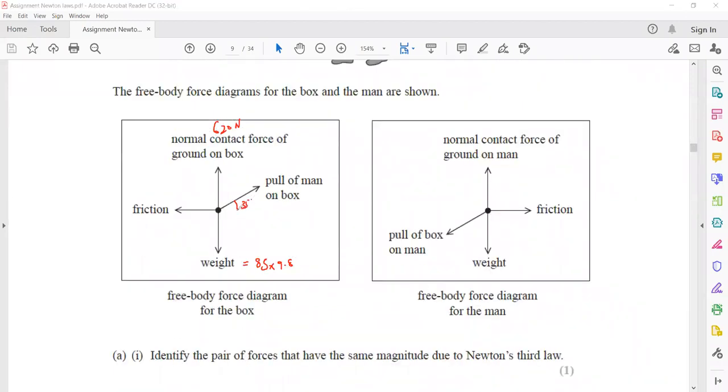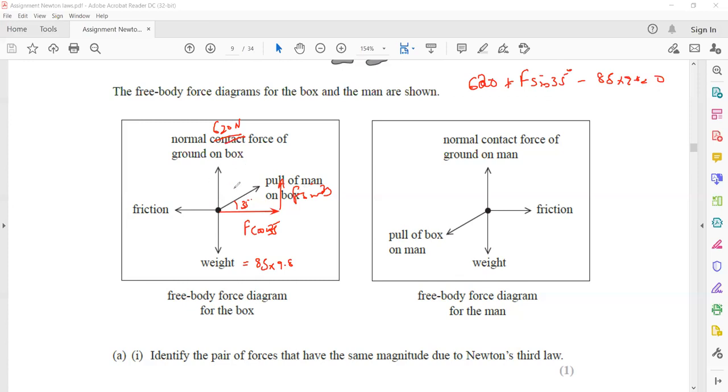So the component along the angle will be F cos theta, or F cos 35, and against the angle will be F sin 35. So 620 is acting up, F sin theta or F sin 35 is acting up, and weight is acting down. So we can say 620, which is acting up, plus F sin 35 minus the weight, which is 85 into 9.8, is equal to 0.